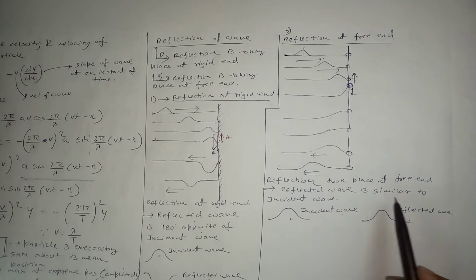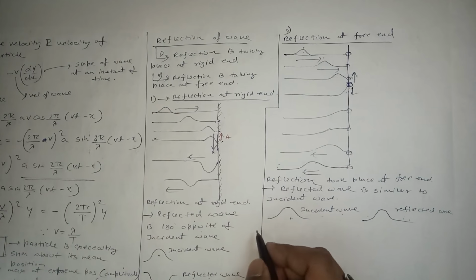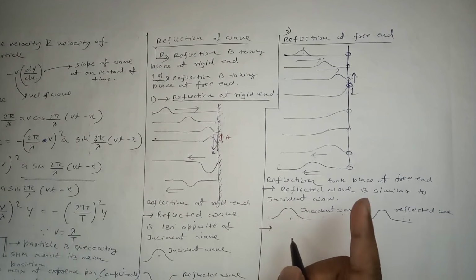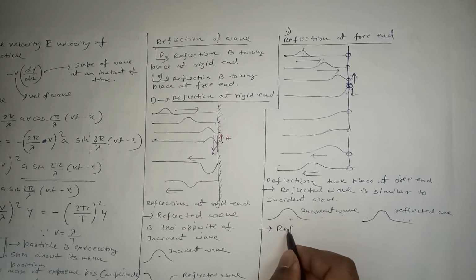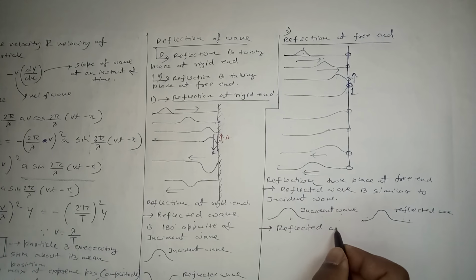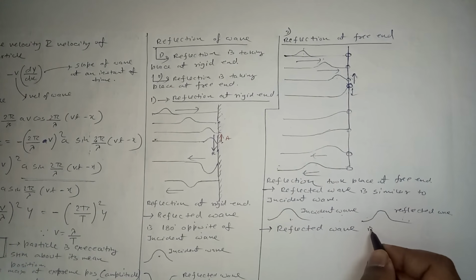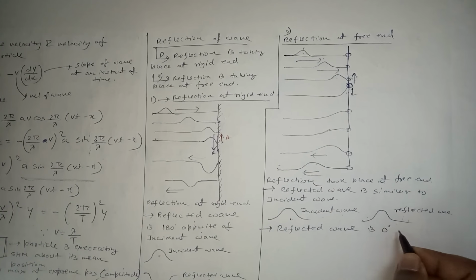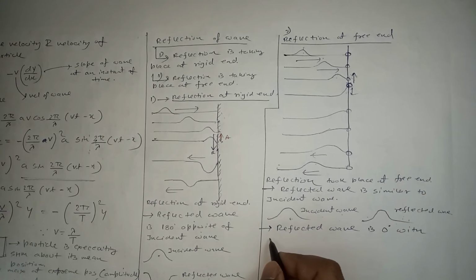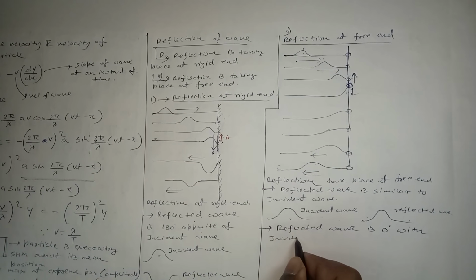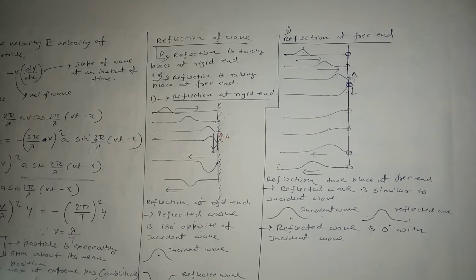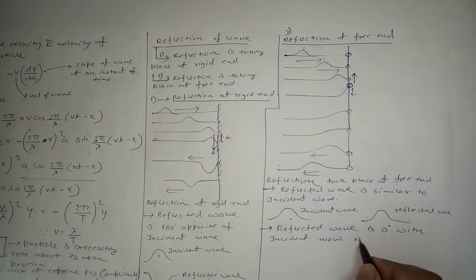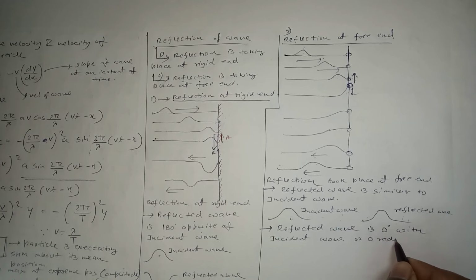So the reflected wave is similar to the incident wave, or we can rewrite this in angular or phase form: the reflected wave is 0 degree, or 0 radian, with the incident wave.